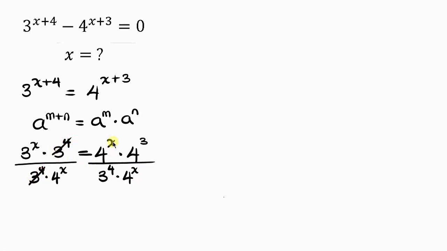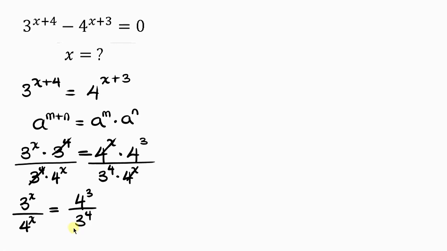Then on the right, 4^x will cancel out 4^x. Now I'm left with 3^x all over 4^x equal to, on the right, we have 4^3 divided by 3^4.